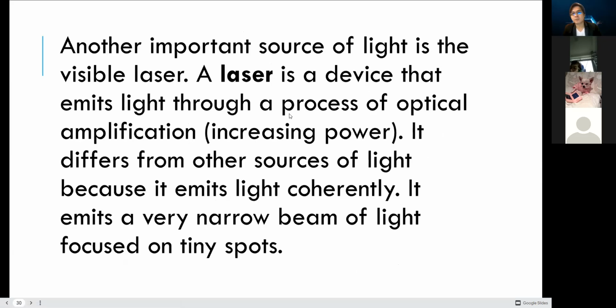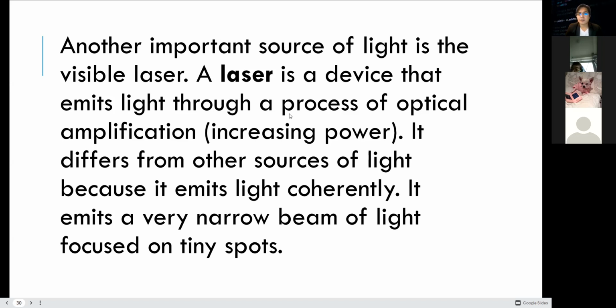Another important source of light is the visible laser. A laser is a device that emits light through the process of optical amplification. It amplifies the light itself, increasing its power. It differs from the other sources of light because it emits light coherently. It emits a very narrow beam of light and focuses on tiny spots.